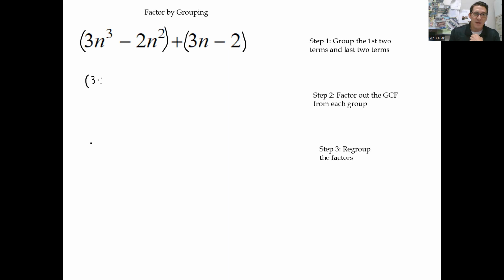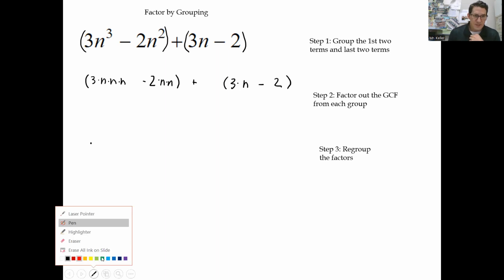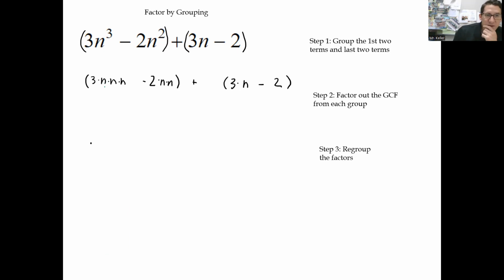So it's going to be 3n cubed is n times n minus 2 times n, plus this one is going to be 3 times n minus 2. Look for what they have in common. So here, looking at what they have in common, they have n's, 2n, so I'm going to cross that out.